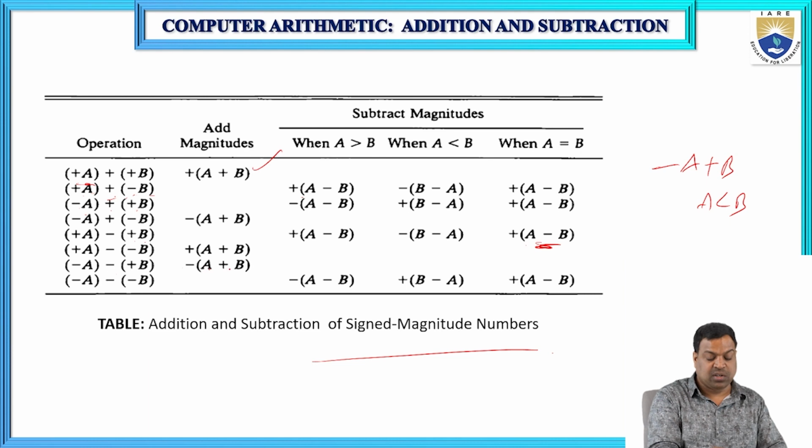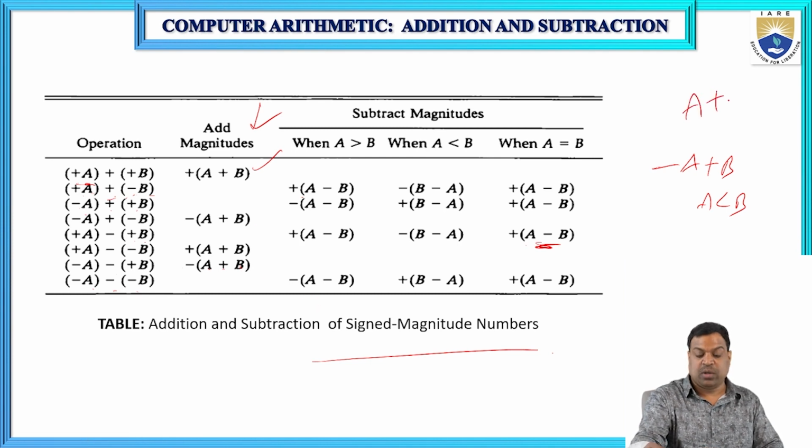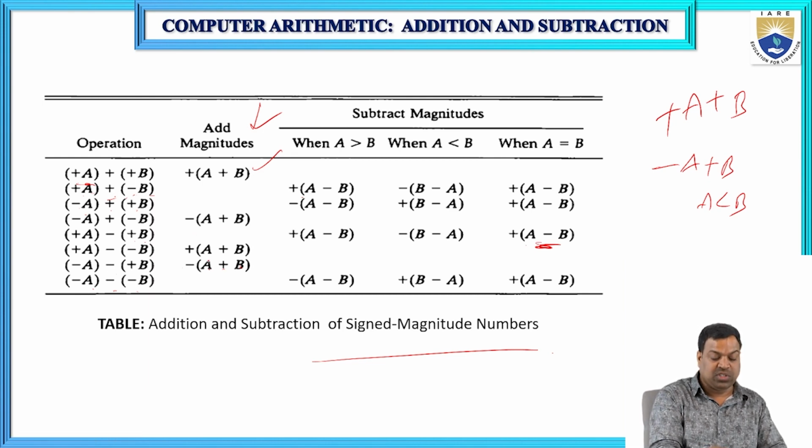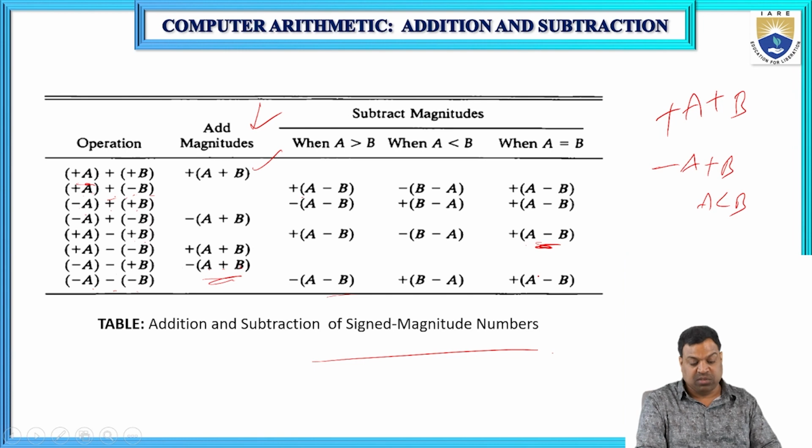Yes, minus A minus B. Okay, it is an add. Minus A plus B. Is it addition? No. Minus A plus B is not addition. Only A plus B, that means plus A and plus B, are the addition values. So these are the add magnitudes and the remaining are the subtracting magnitudes.